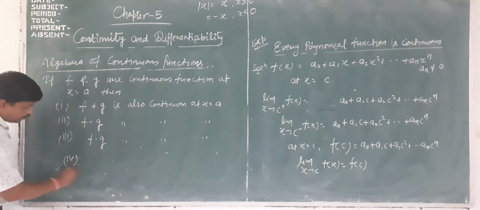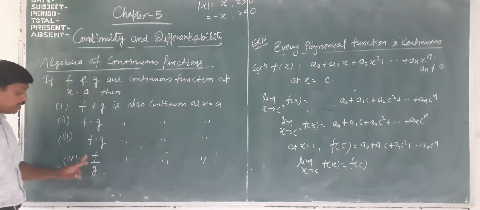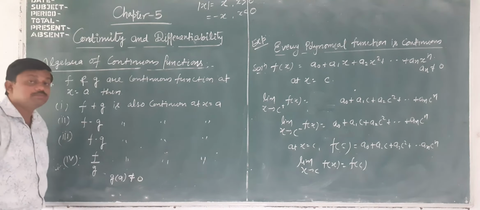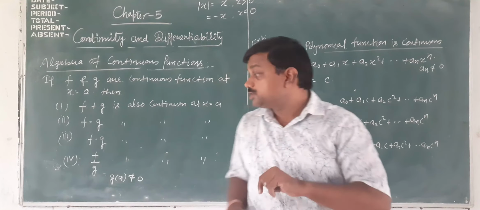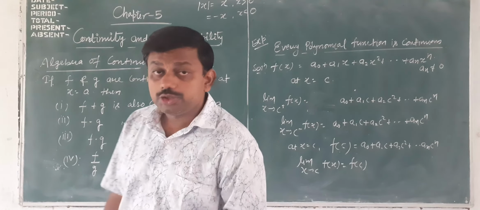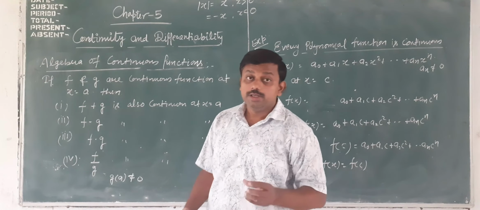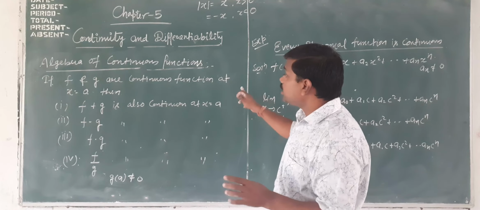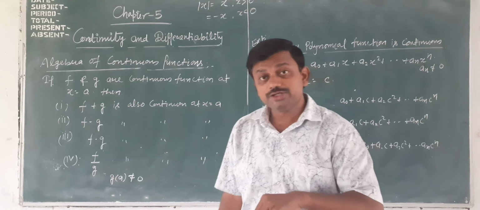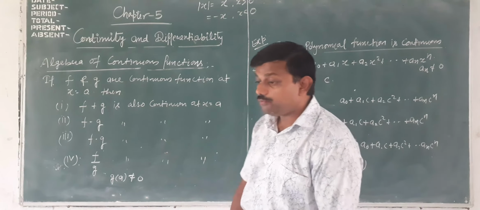Fourth, f by g at x equal to a, but don't forget g(a) is not equal to 0, because at that point the value of function g should not be 0, otherwise it does not exist. And in algebra of limits also, you know plus, minus, multiplication and division. If f and g are continuous separately at point a, then their sum, their difference, their multiplication and their division are also continuous functions at that point. This is the algebra of continuity.